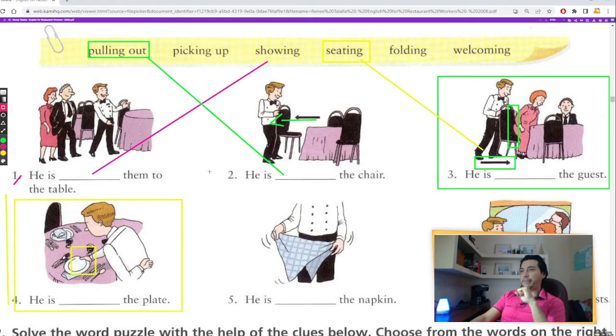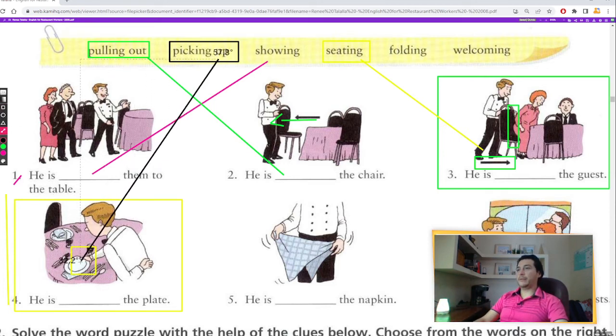Look right here. He is picking up the plate. Picking up. He is picking up the plate.